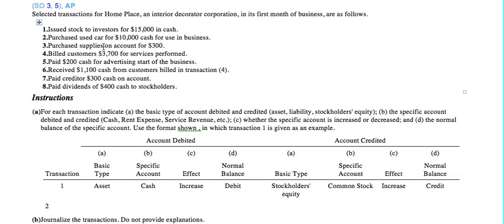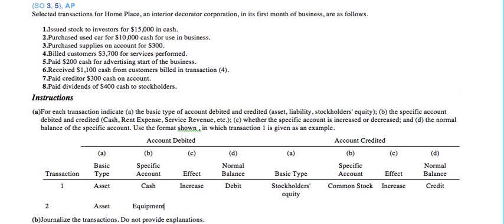So the used car would be equipment, and then it says right there cash. Thinking about these two accounts, the used car increases our equipment, and if we're paying $10,000 cash, that decreases our cash. As we're writing this in, I'll do the car first. It's an asset. I hit my tab key.